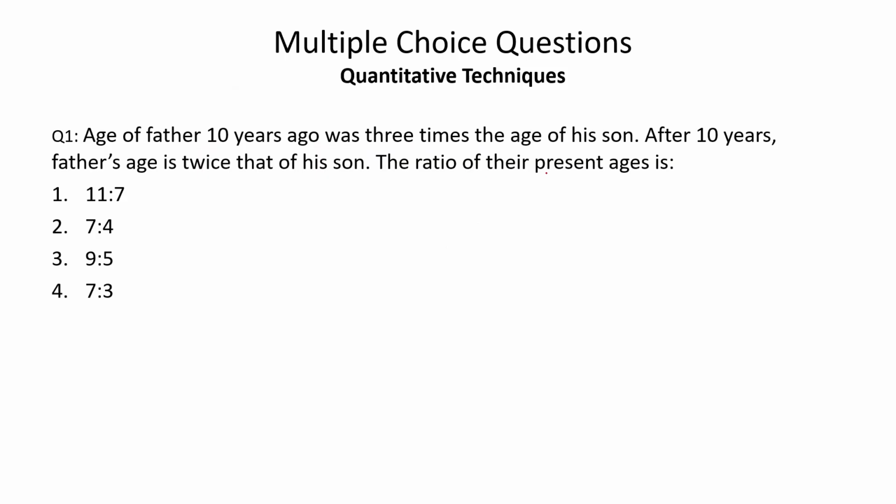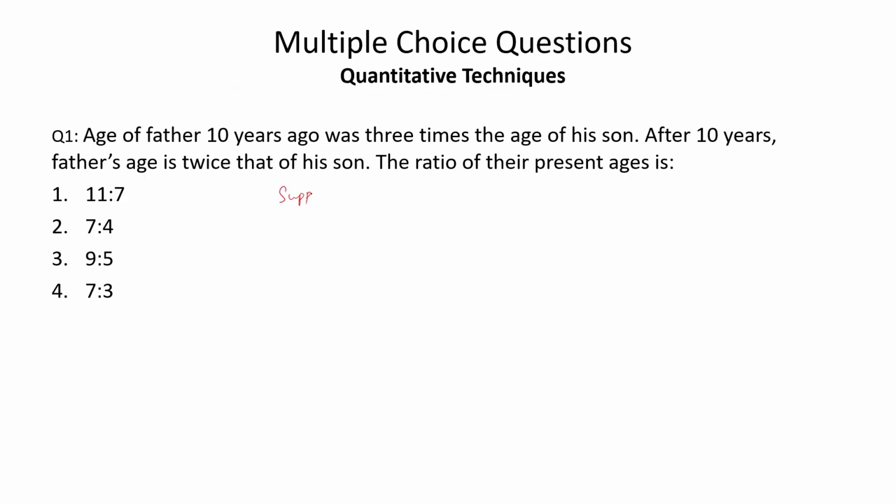We need the ratio of their present ages. This question is all about the ages of the father and son, but you have to assume something. This type of problem you have to solve in this way only.